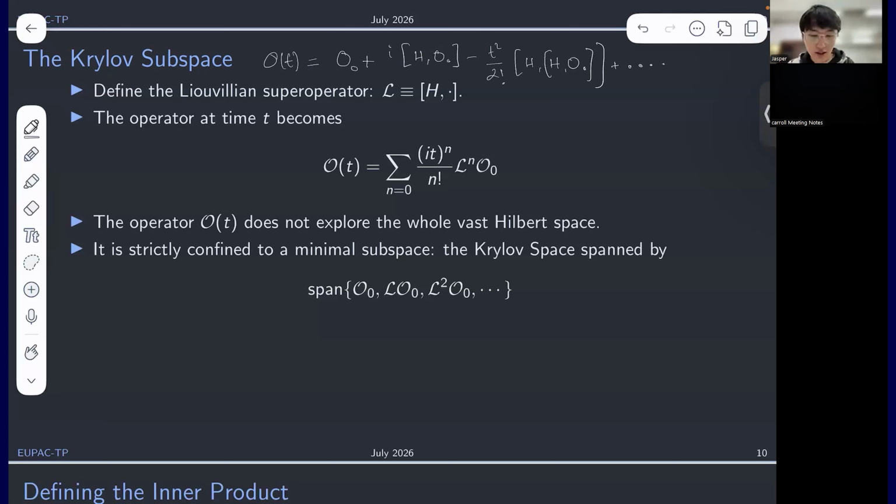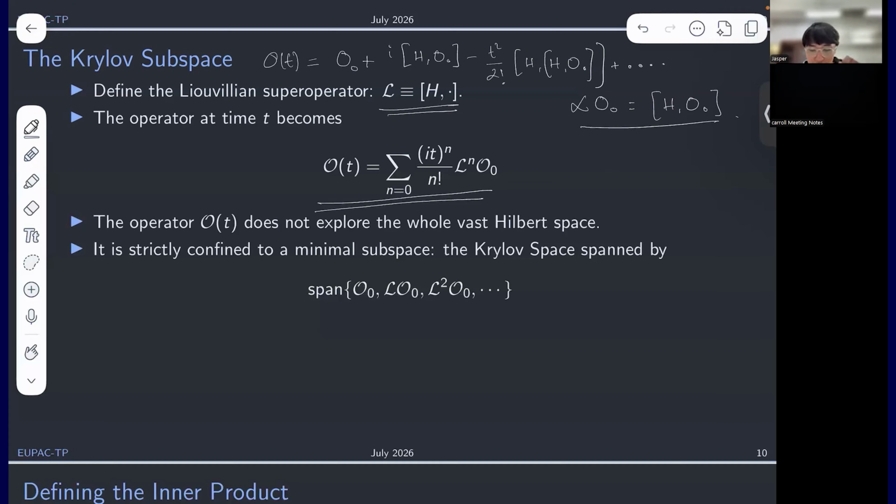So this was our Heisenberg picture. From here we define a superoperator which is called the Liouvillean. With this definition, we can recast our entire operator in a very neat, concise form.